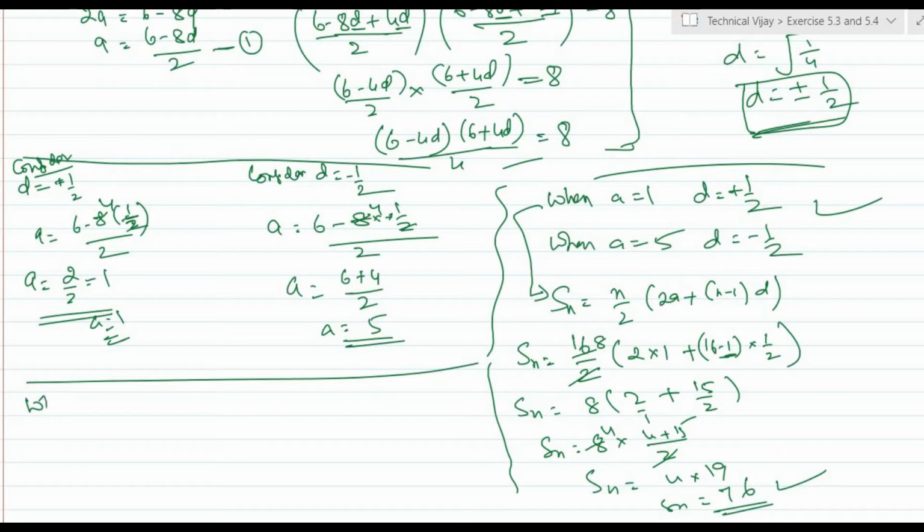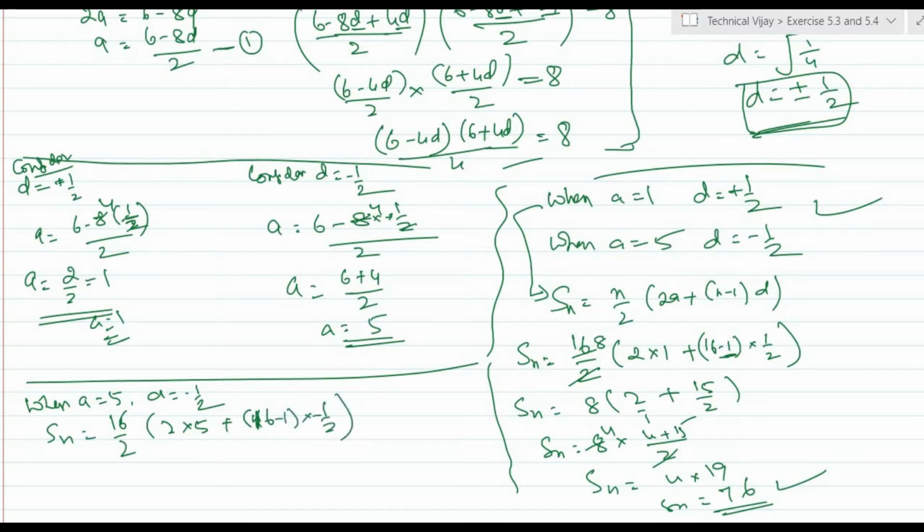So now we will see when a is equal to 5, d is equal to minus 1 by 2. So Sn is equal to 16 by 2, into (2 into 5 plus (16 minus 1) into minus 1 by 2).